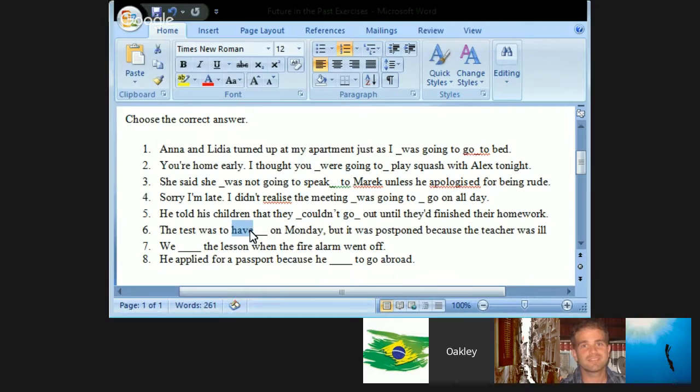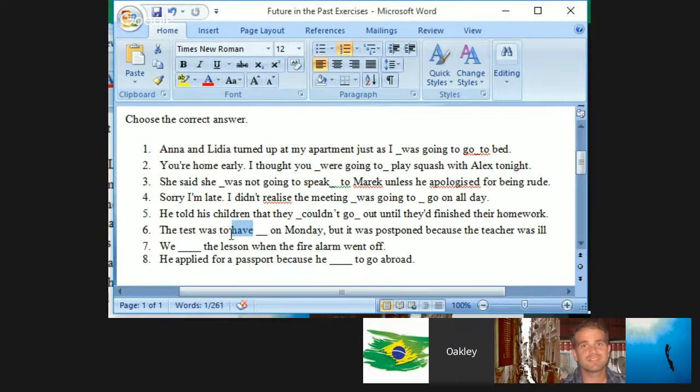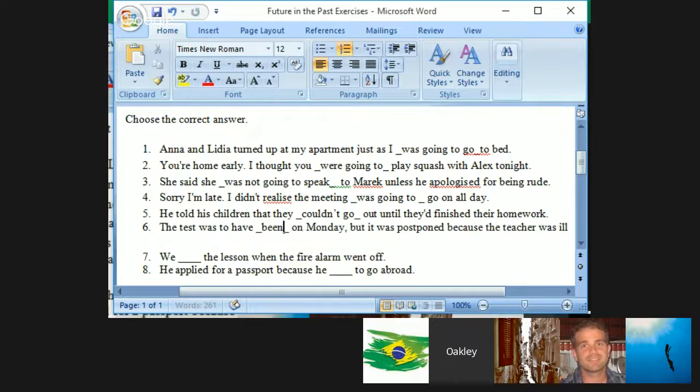If we moved have around, I'm going to help you out because this is really hard and we're running out of time. You could say the test was going to have been on Monday. Or it's acceptable, another variation here, the test was to have been. Simply have been.